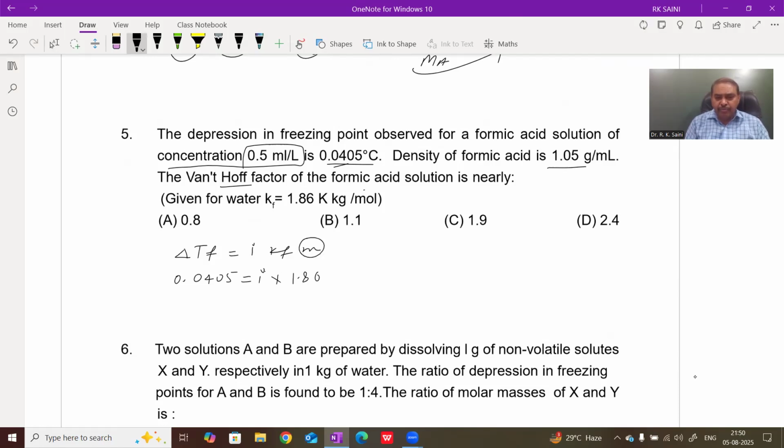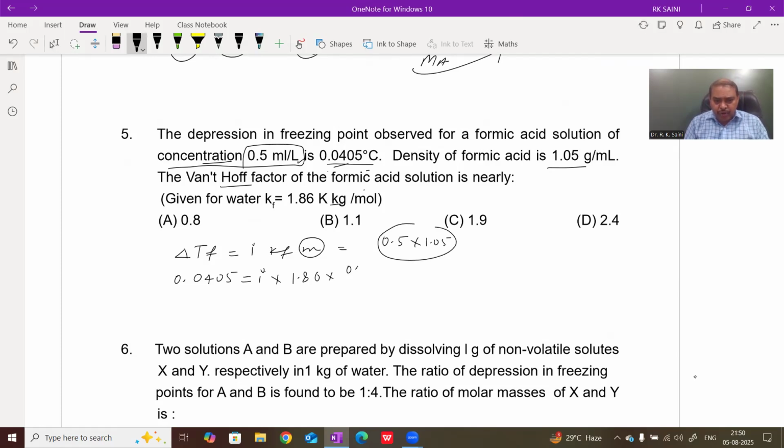And the molality means the amount, moles, of formic acid in 1 kg of solvent. Moles, find given weight, so we will find the weight. 0.5 ml, gram per ml. It is the concentration of formic acid. And multiplied by the given density 1.05. Therefore, it is the weight of formic acid.